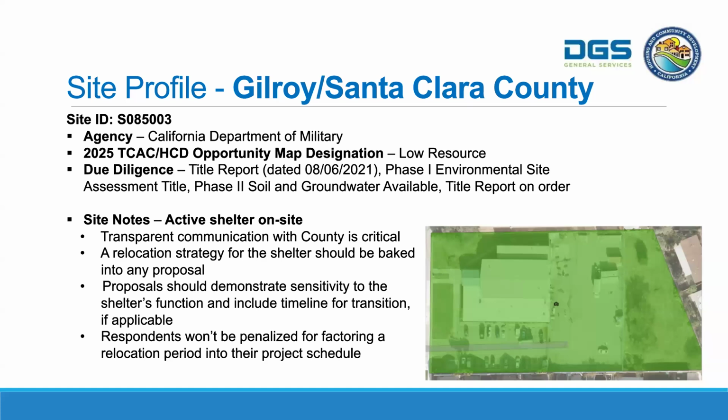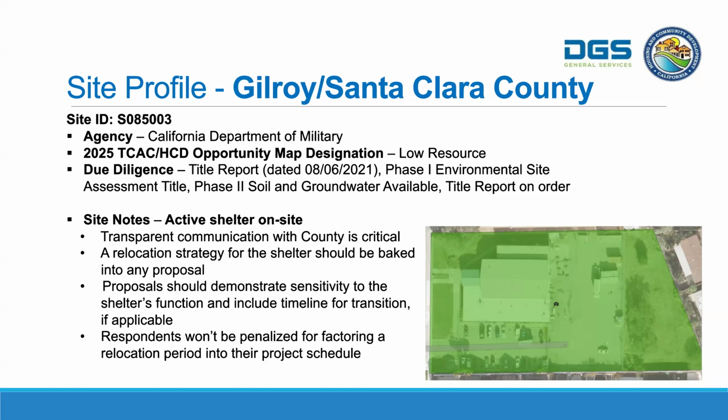But there are a couple of site-specific notes that we wanted to touch on for the Gilroy Armory, and I'm just going to read these here. Transparent communication with the county is critical. Why is that? Because the county is leasing the current building on the space for a homeless shelter. A relocation strategy for the shelter should be baked into any proposal.